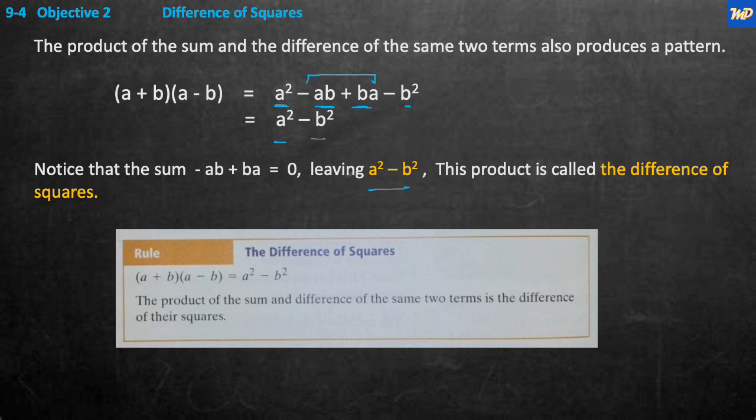And here's the rule. If you have a plus b times a minus b, the answer is going to be a squared minus b squared. The product of the sum and difference of the same two terms is the difference of their squares.